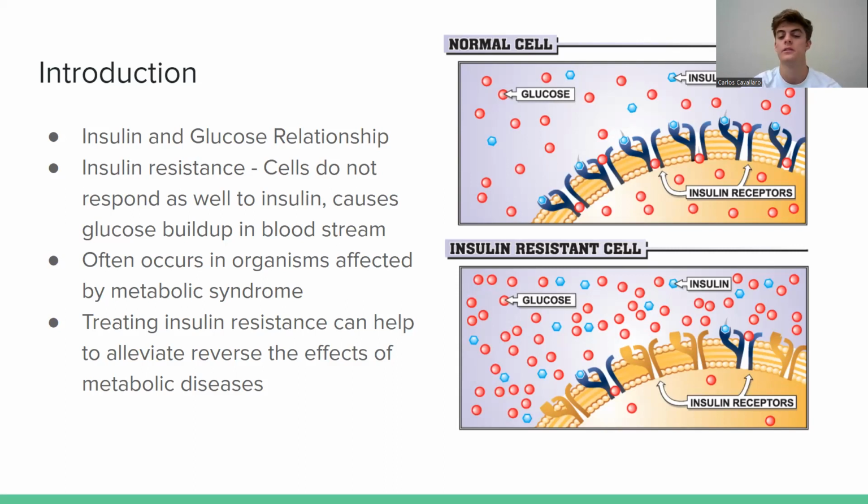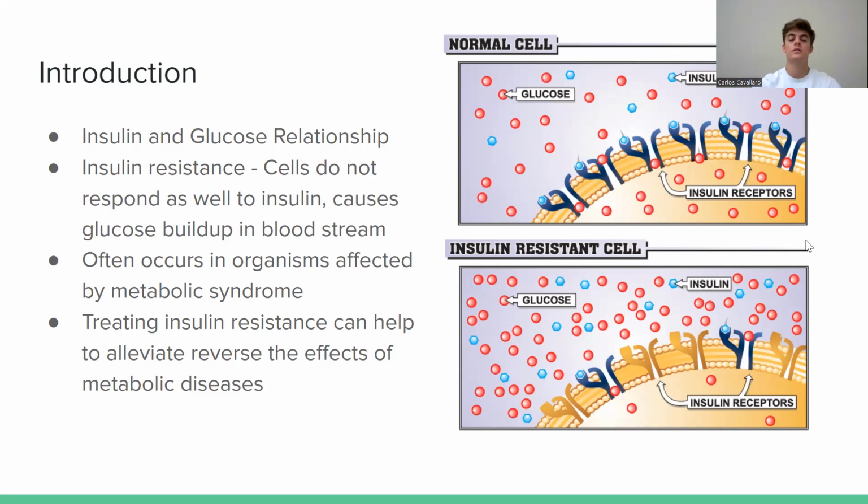As you can see on this figure on the right, at the top is the normal cell. All the insulin receptors are working properly. The insulin is able to bond, and then the glucose enters the cell. Whereas on the bottom, in the more insulin resistant cell, some of the receptors are not functional, and therefore the insulin is not able to bond, and not as much glucose is entering the cell.